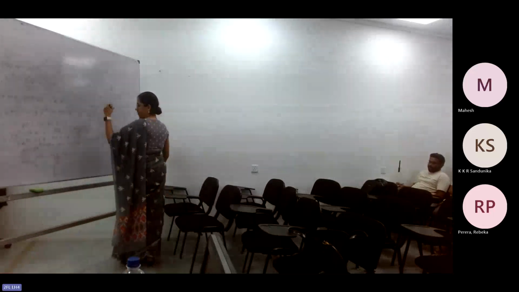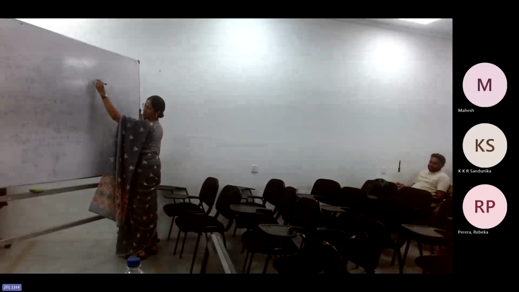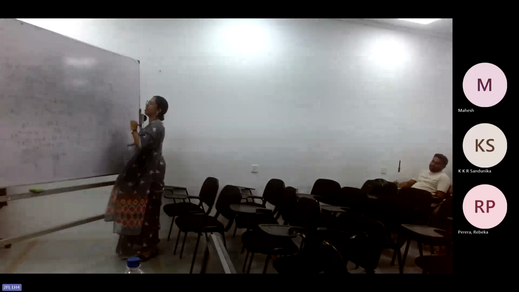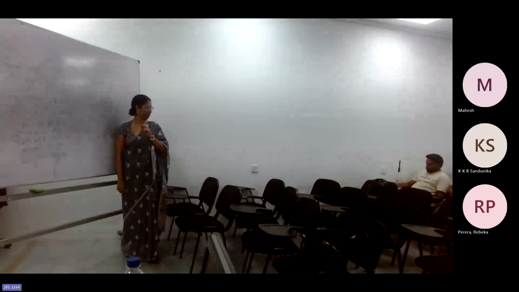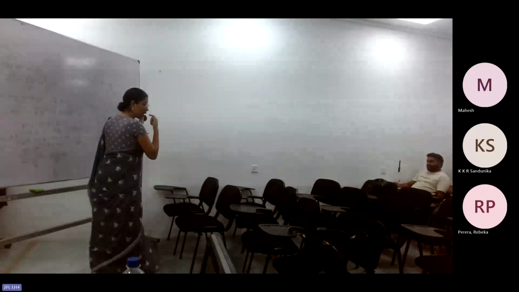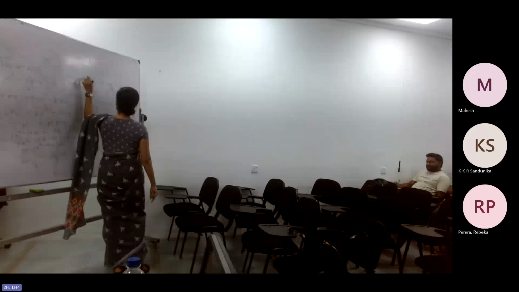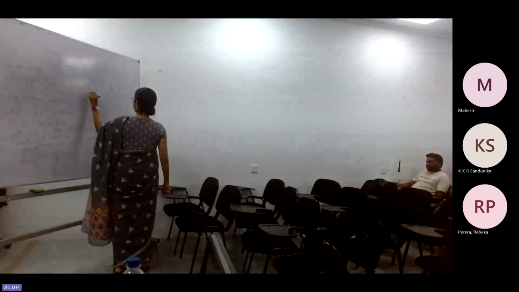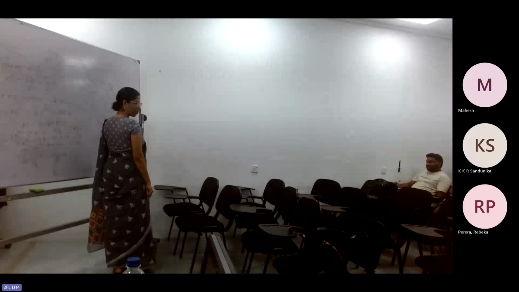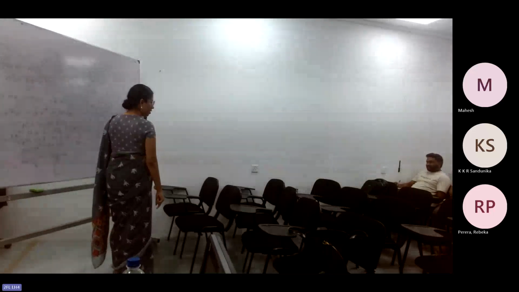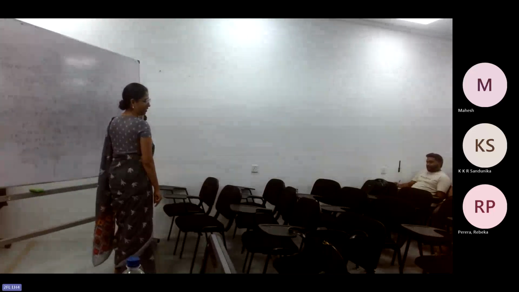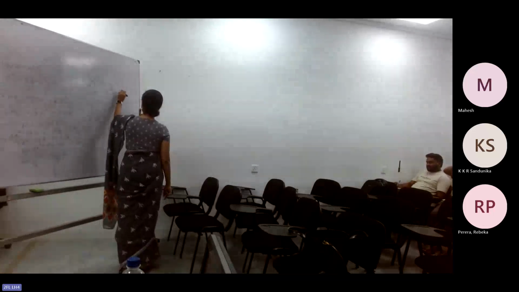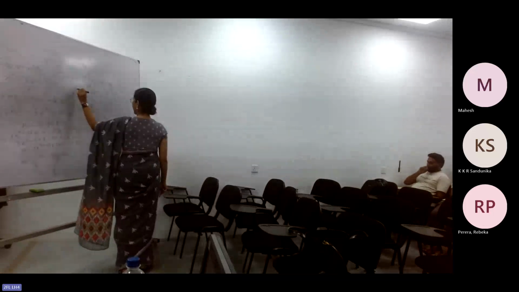Now here we have an expression like this: 3x squared minus 55x minus 100. What is the easiest way to do it? First, the first step, a, b, c: you multiply a and c.